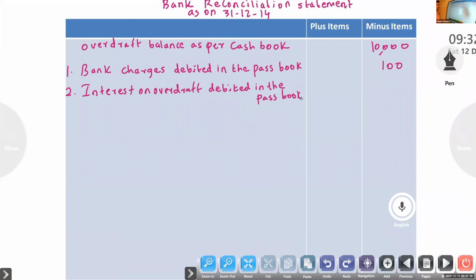Tomlin, you tell. Checks issued but not presented for payment. Here you have to look at the cash book, increase or decrease. If it is increase, minus. If it is decrease, plus. Then you do the opposite.